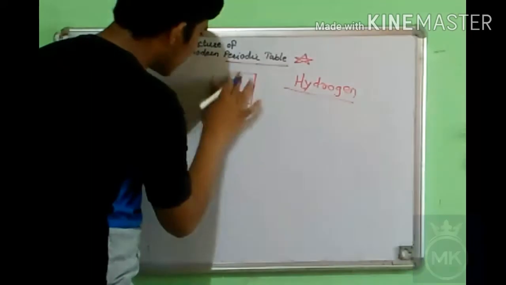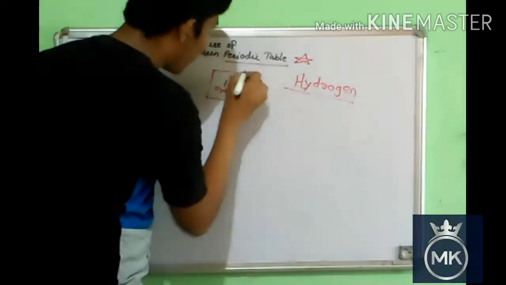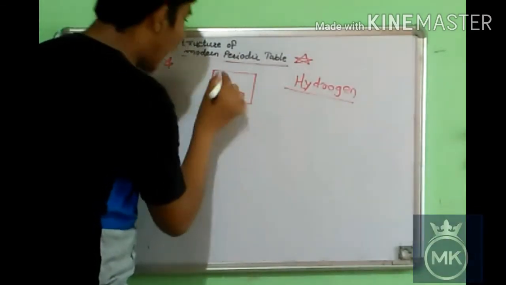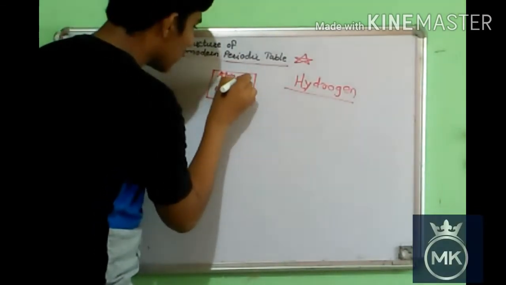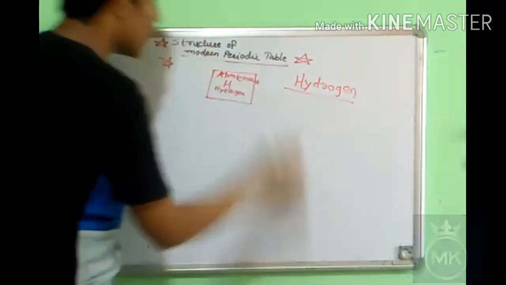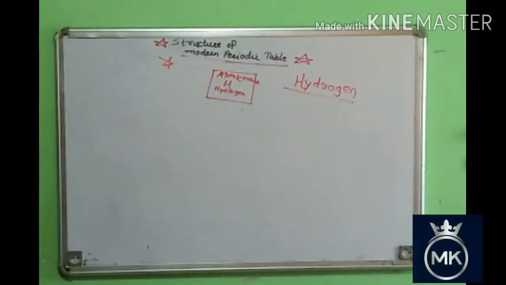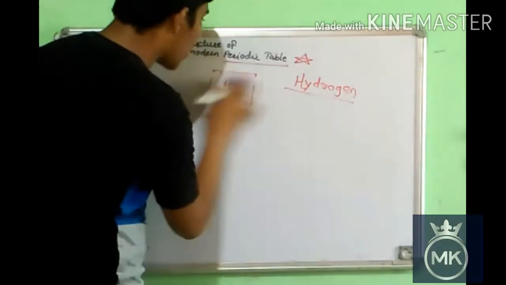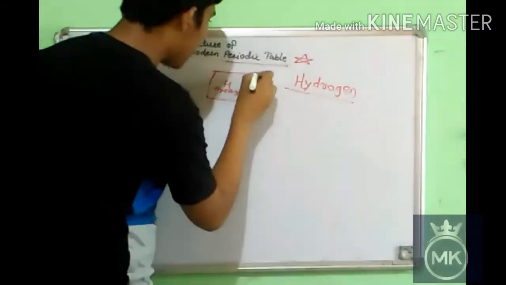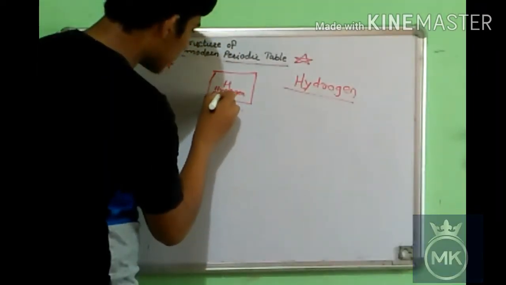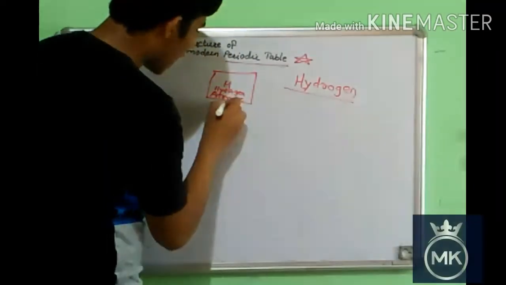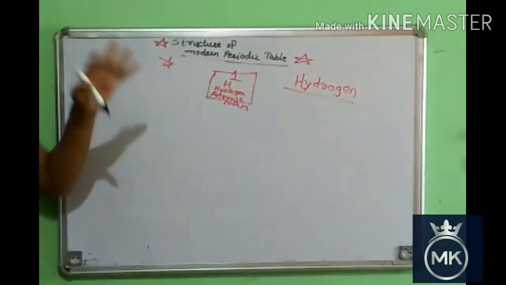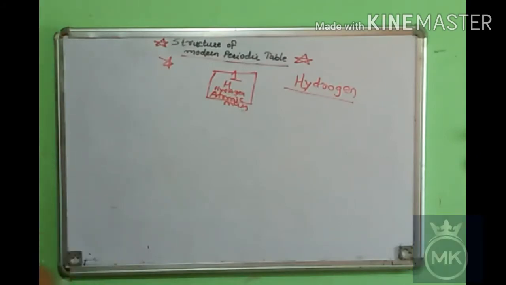I don't know the mass of hydrogen, so you write a dash here, or I write here the atomic mass. Then the atomic number is given on the upper side of the symbol of hydrogen.